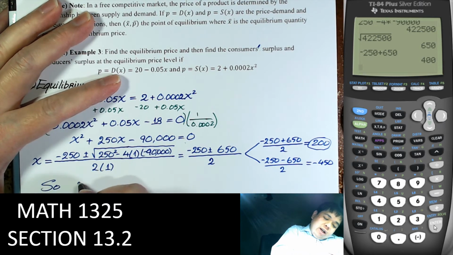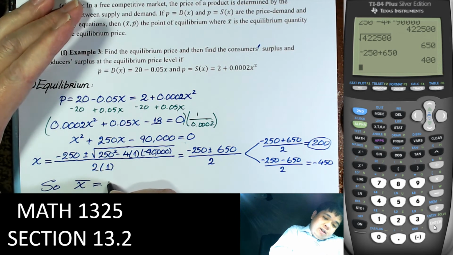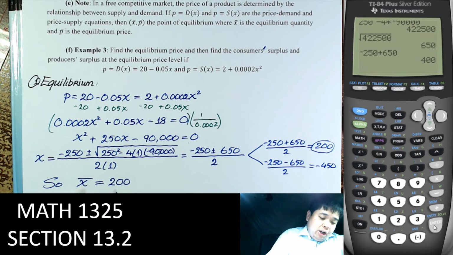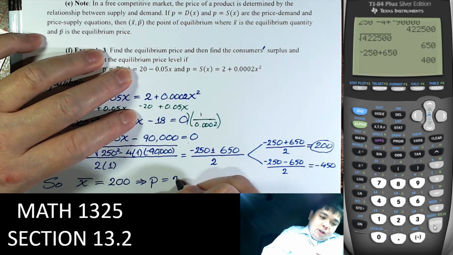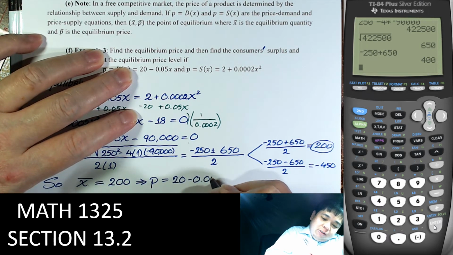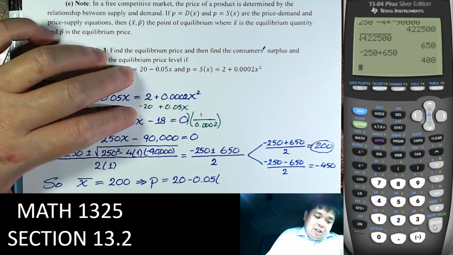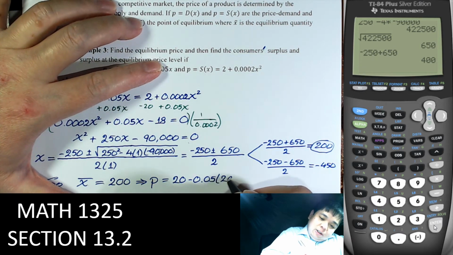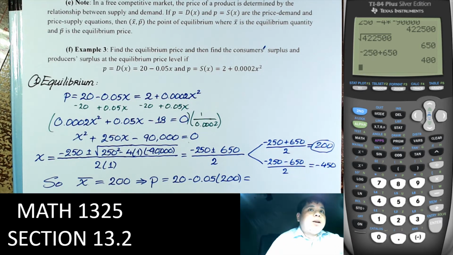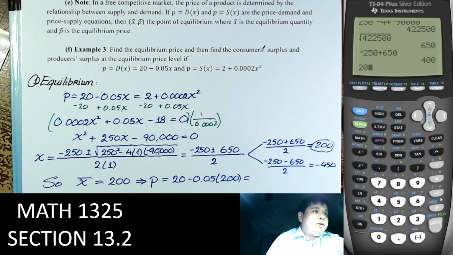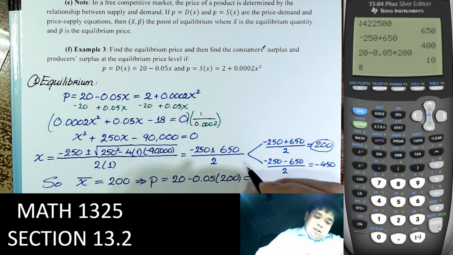So we have x bar is 200. If x bar is 200, we can substitute into either one of them: 20 minus 0.05 times 200. Just 10.